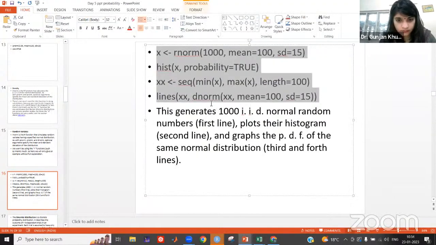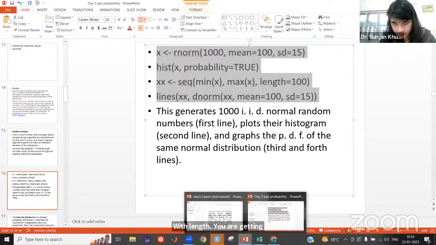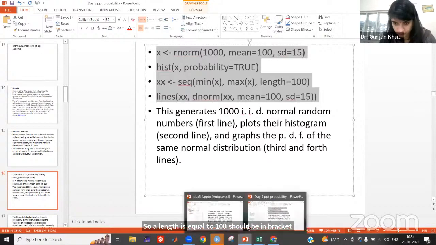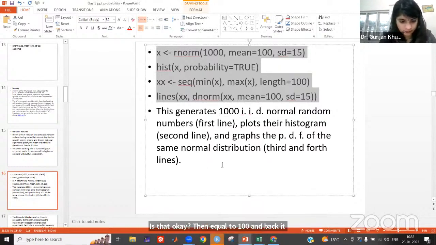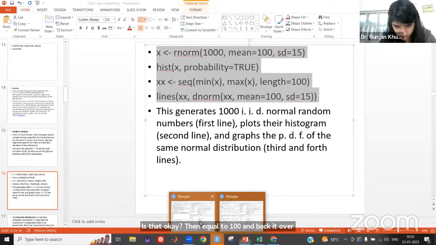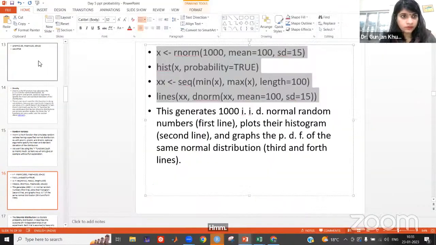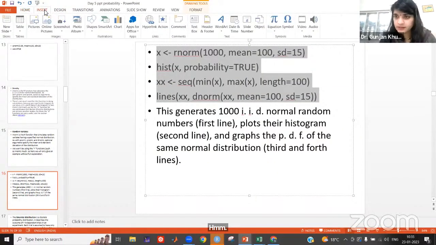Length, with length you are getting brackets. Length equal to 100, then bracket over. There is an error: object X not found. So you have not run the X command or what?